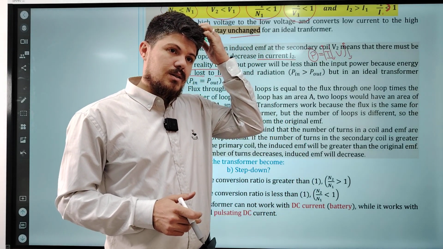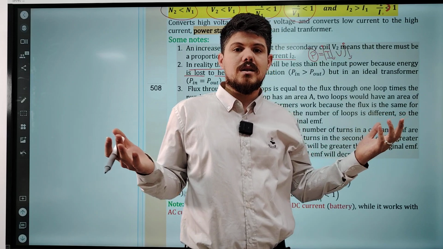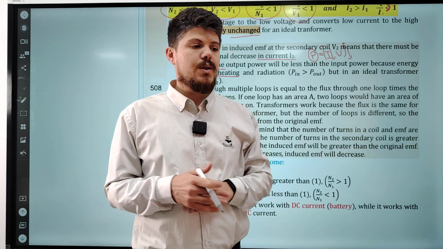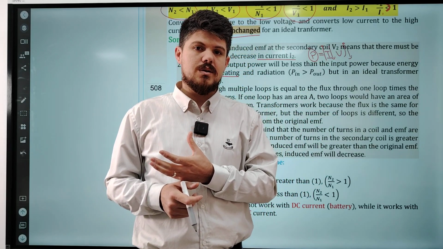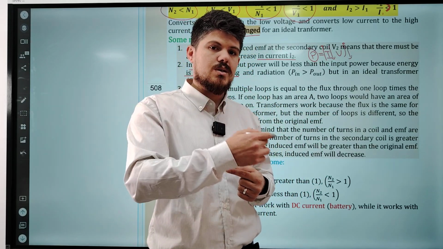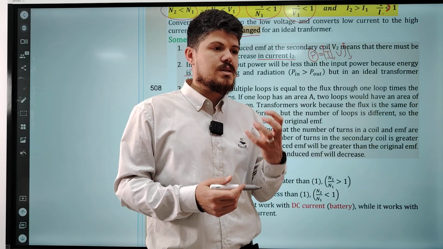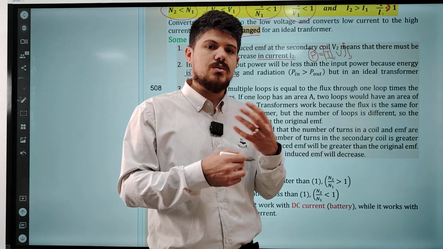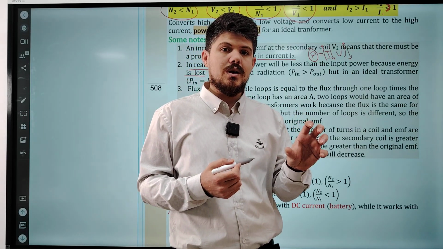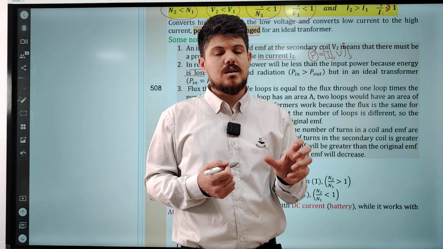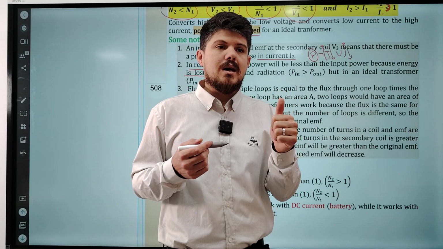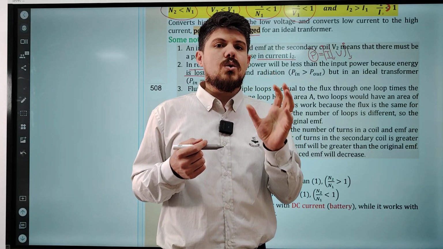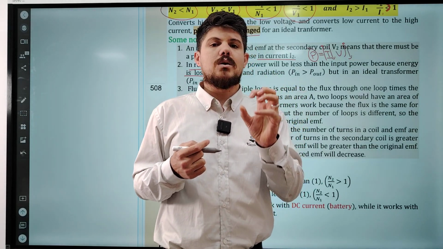In reality there is no ideal transformer. When the current runs through the primary coil, some of the electrical energy is converted to heat. Why? Because this coil has resistance. The coil is not pure. So the input power is always bigger than the output power.